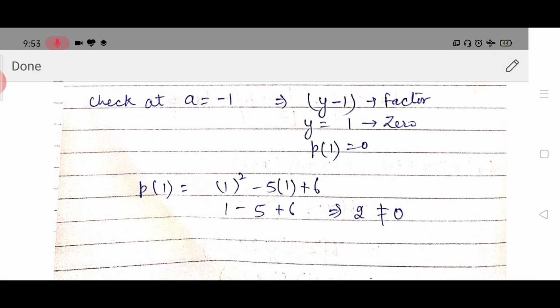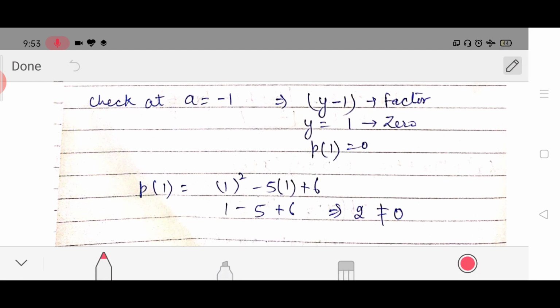Let us now put a equal to minus 1. If a is minus 1, then y minus 1 is a factor and y equal to 1 is a zero. So we put y equal to 1 in the polynomial and get the answer 2, which is again not equal to 0. So a equal to minus 1 is not the value of a.